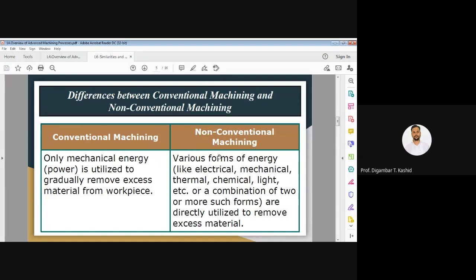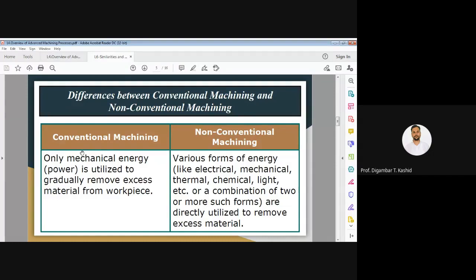On each slide only one point will be there. The first point about conventional machining is that only mechanical energy or mechanical power is utilized to gradually remove the excess material from the workpiece. So what does mechanical energy mean?